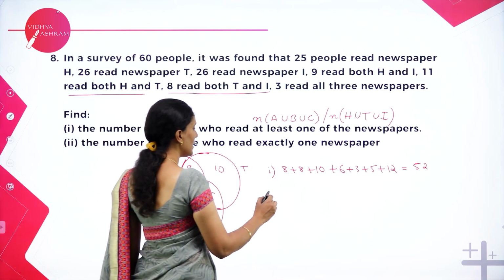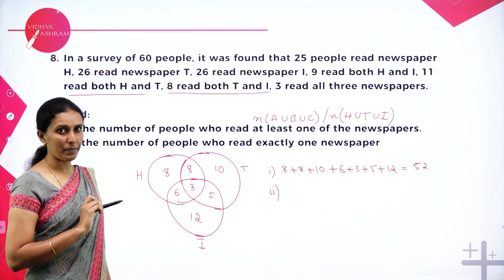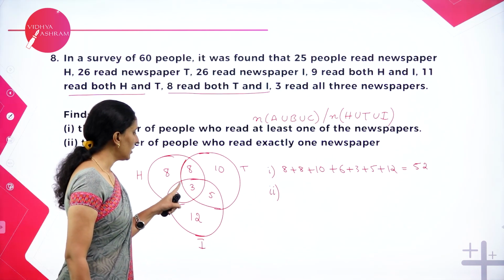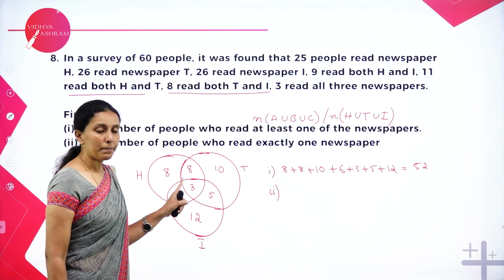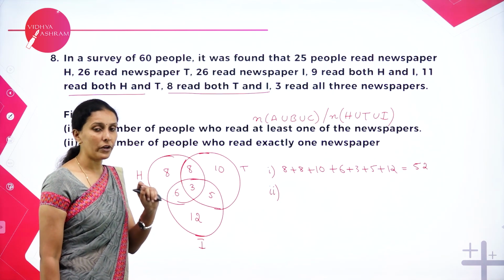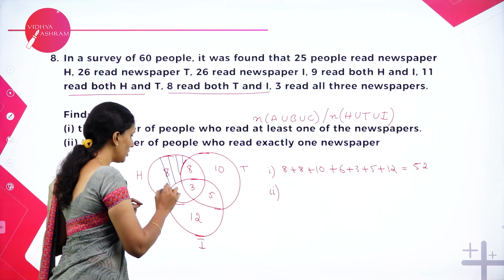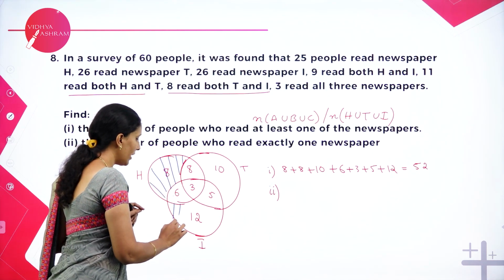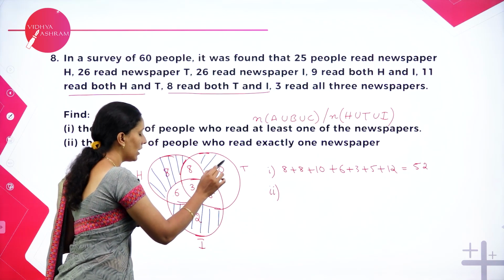Now the second one is I need to find out the number of people who read exactly one newspaper. Now when you take here, always the intersection part represents the people who read both papers, and the middle one represents those who read all the 3 papers. So therefore the shaded region which you can see is the number of people who read a single newspaper.